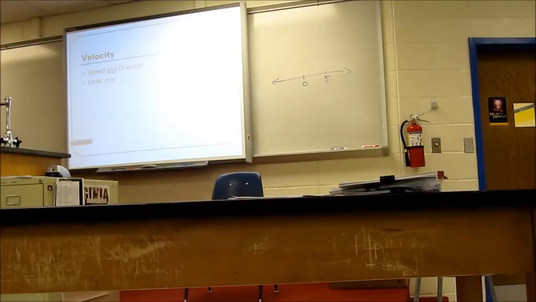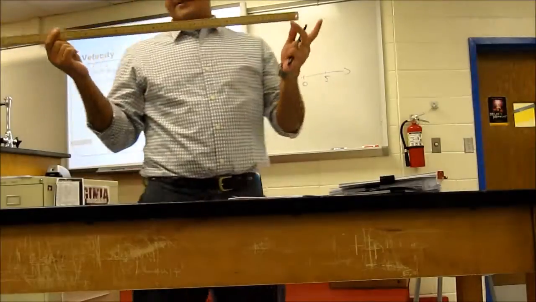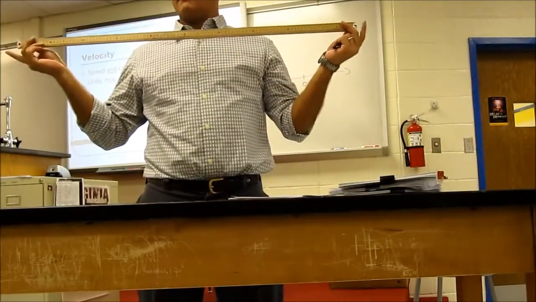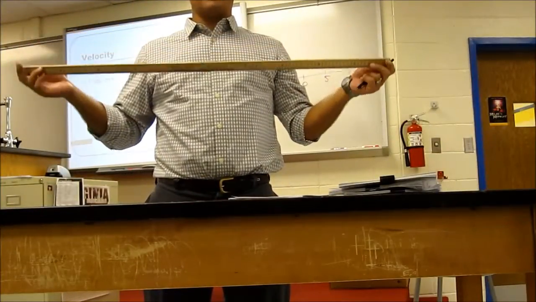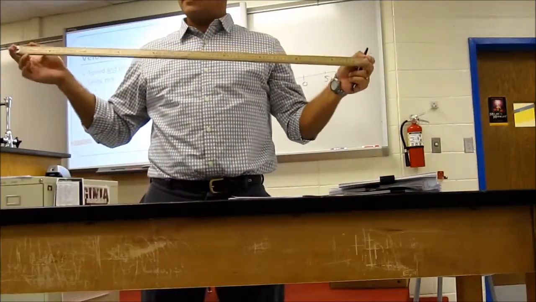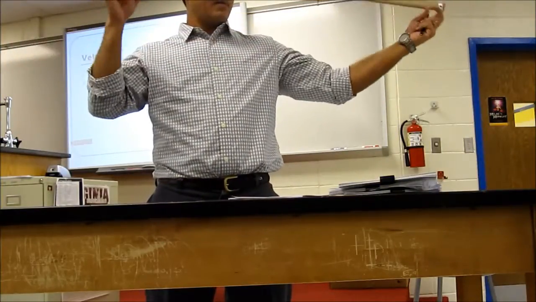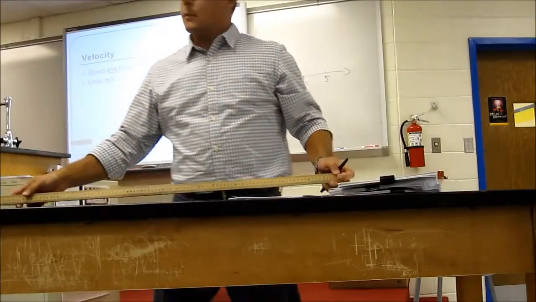Just so we know, this is a meter. This is 1 full meter. So when we talk about 5 meters per second, that means you're traveling 5 of these per second. You're used to miles per hour, right? But meters per second, that's all it is. It's how many of these per second.